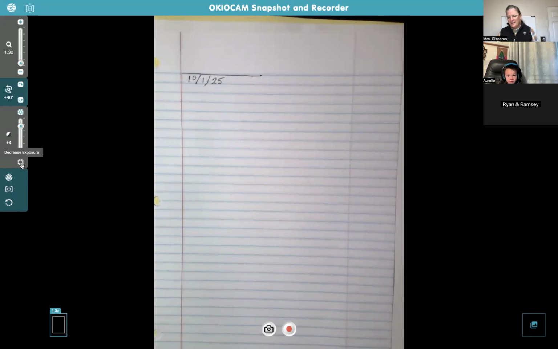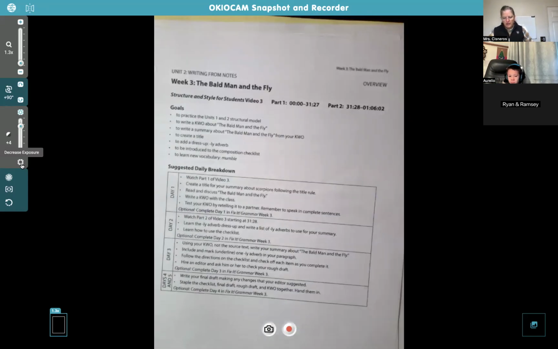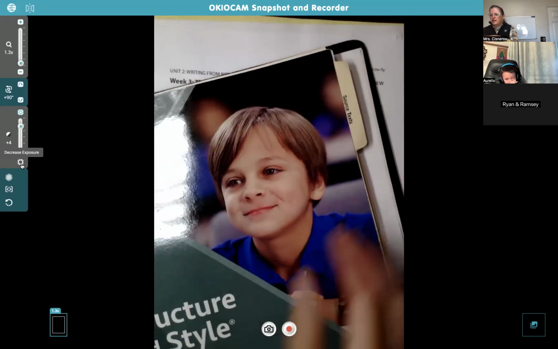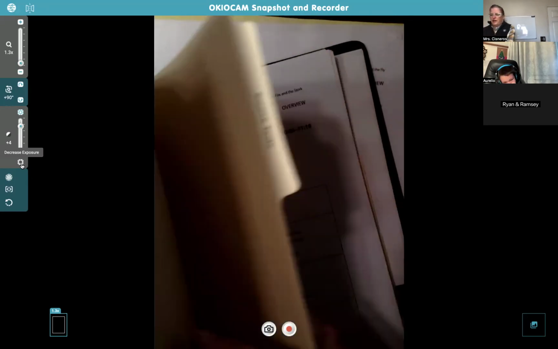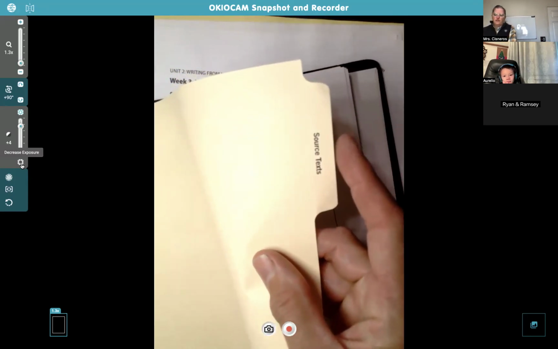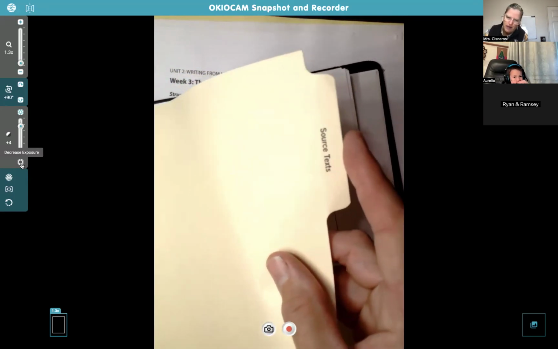Okay. So I can't find the actual story after the Scorpion. In the binder, it should be, I don't know if he had a chance. Let me show you where it's at. Did he move this tab right here that says source text? Does he have that tab in the front of his binder or is it in the back?